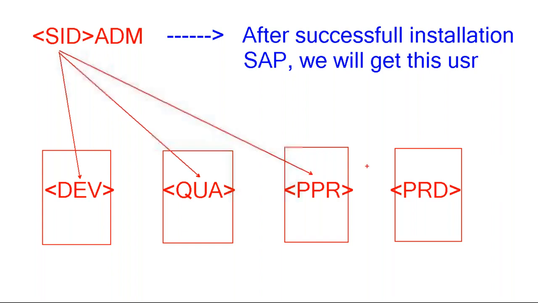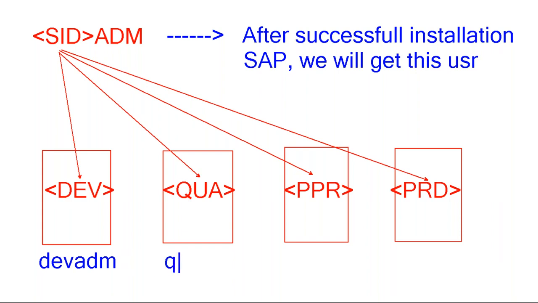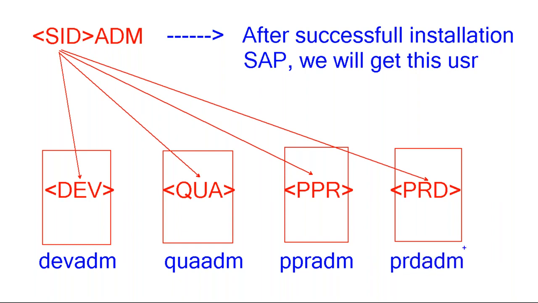At the time of SAP installation, we need to assign the system ID. So on the name of the SID, we will get one user after successful SAP installation only, the SID ADM user. For example, this is DEV ADM, this is QA ADM, this is PPR ADM for pre-production, and this is PRD ADM for production. Whatever systems we install, we get the corresponding users.